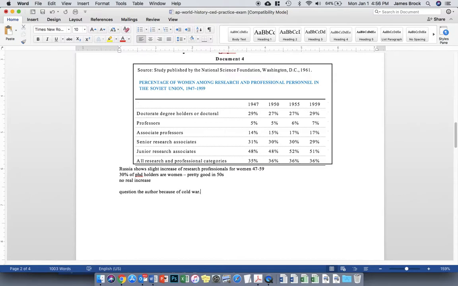The U.S. and USSR are at odds, and I would imagine that the reason they're trying to say this is that it's not really helping women at all. Why would the United States National Science Foundation want to push this? Well, they could be saying, look, women, this is not helping you.